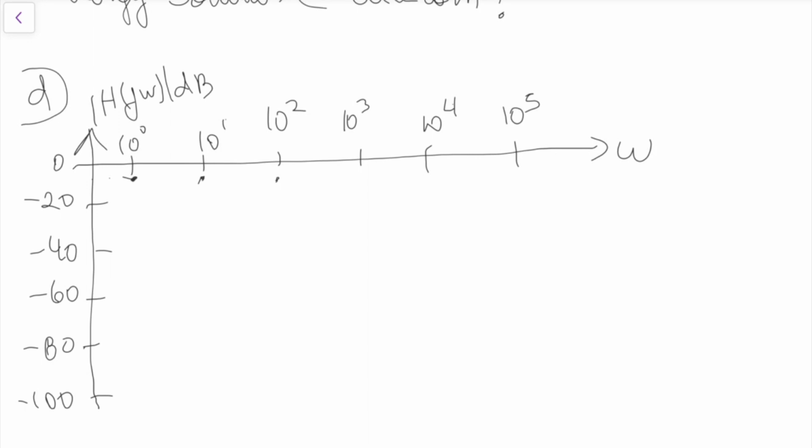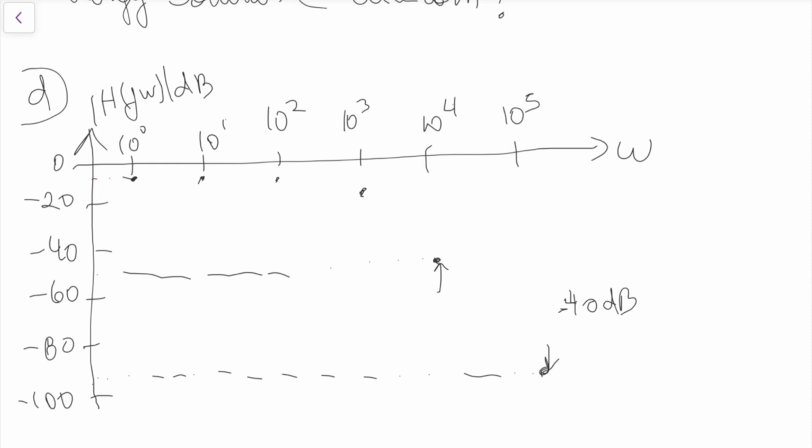For 10 to the 3 is around minus 17, so it's almost minus 20, so it's around here. 10 to the 4, it's minus 51, it's around here. And then for 10 to the 5, it's minus 91. So you'll see that the difference between this point here and this point here is actually minus 40 dB.